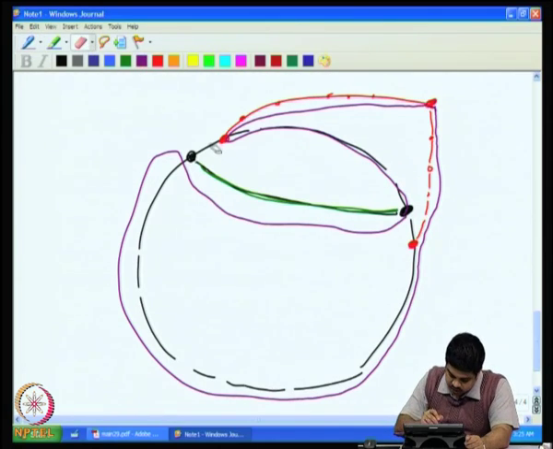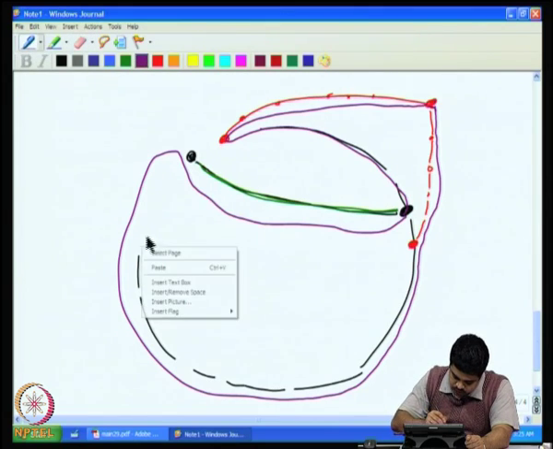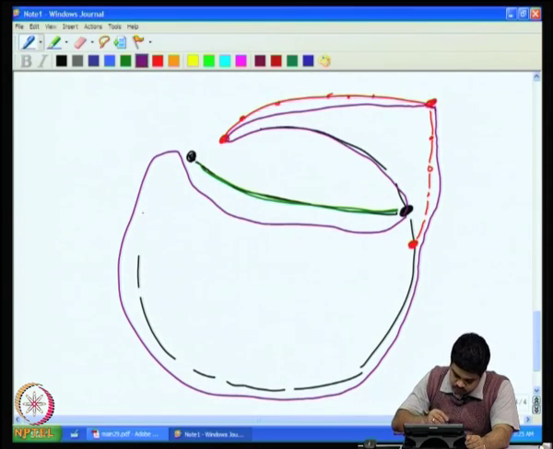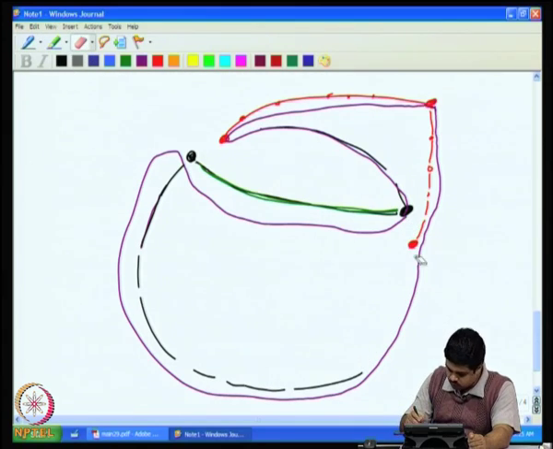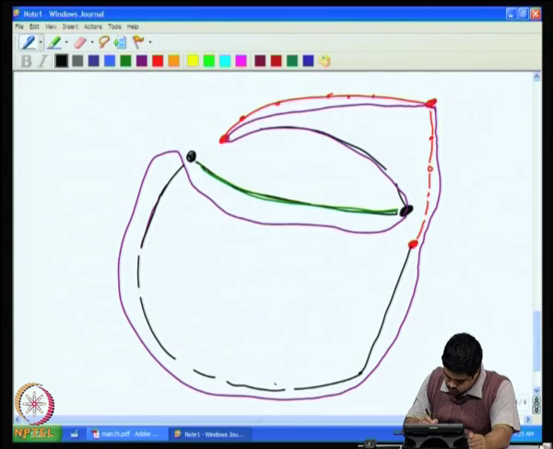See, what edges will go away from here is this one, and this one also will go away from this. It will look like this.